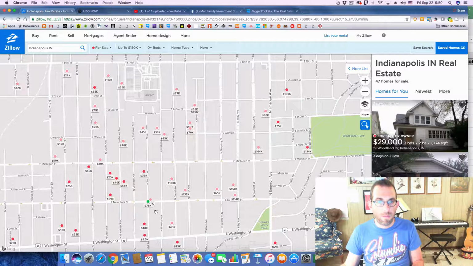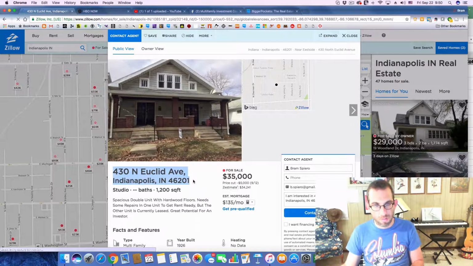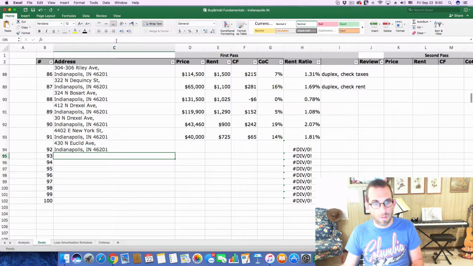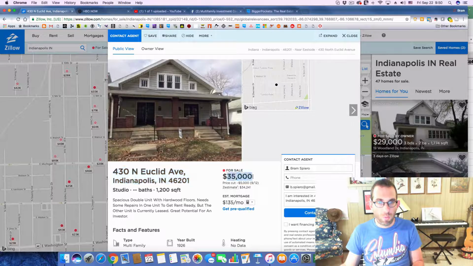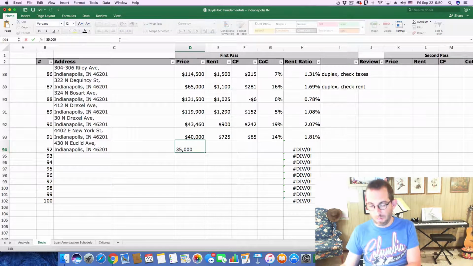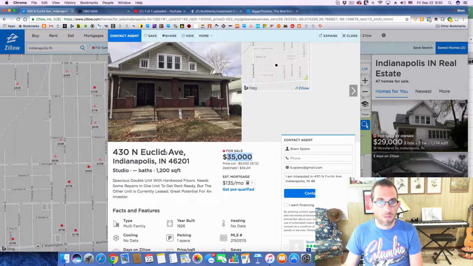Yeah, not interested in looking at mystery properties. There we go. Duplex. Really cheap duplex, probably needs a lot of work. No pictures on the inside, not a good sign. Needs some repairs. Yeah.